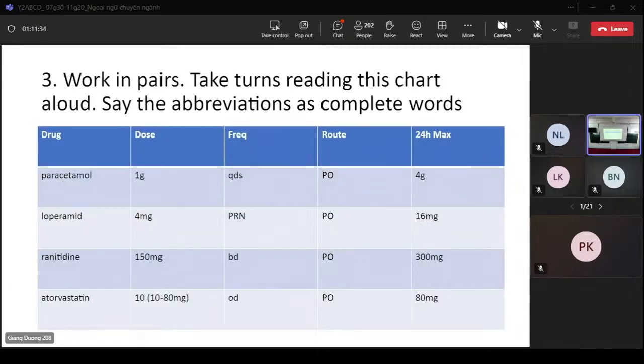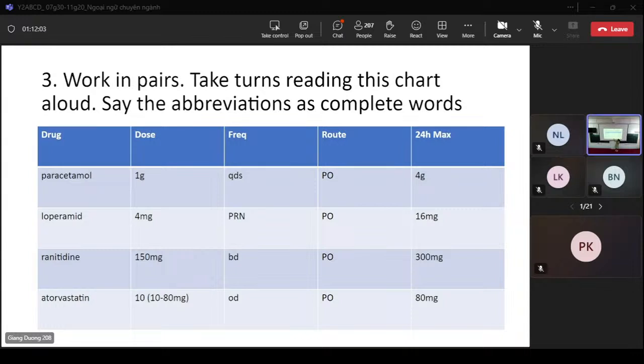Now, the next part, exercise 3 in your material, everyone. At first, make out the abbreviations of frequencies, doses, route, and the maximum here. Actually, we don't need to care about this, but pay attention to abbreviations here and write down the full phrases or the meanings of the abbreviations here.